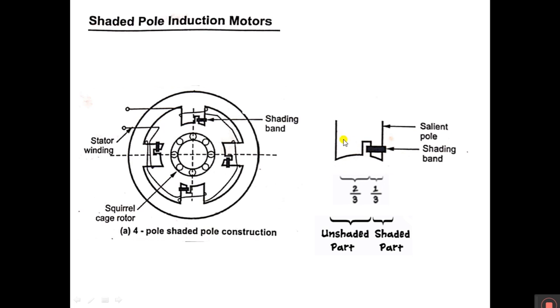So the first half of the portion is called the unshaded part and the second one is called the shaded part due to the copper band. And here also we are using a squirrel cage rotor for rotating purpose.